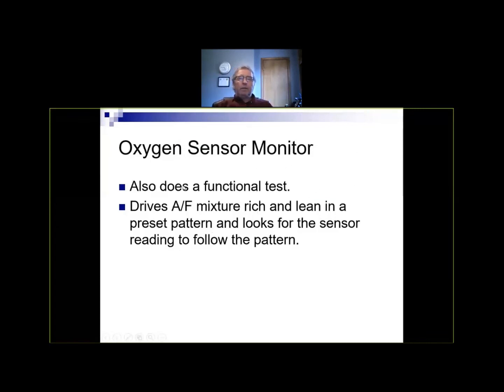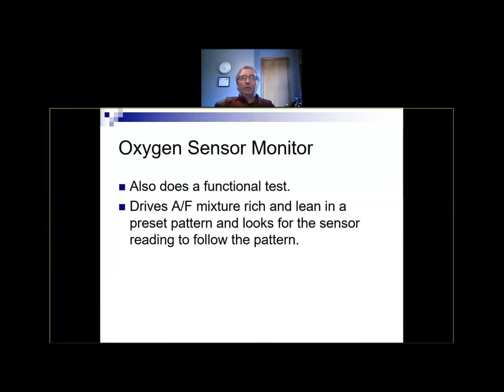Another way that the oxygen sensors can be tested, and this rear O2 gets tested this way too, is that the computer is in charge of the fuel injectors. It has the ability to intentionally lean the engine out or richen it.